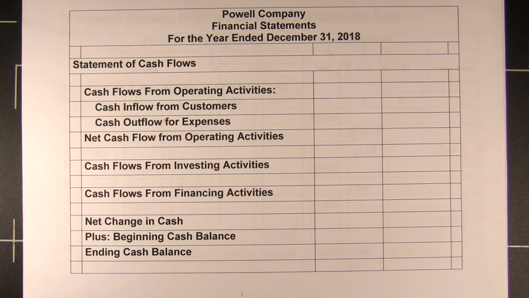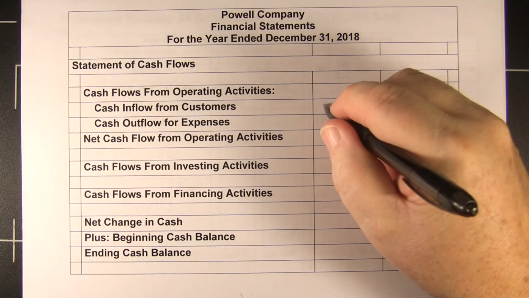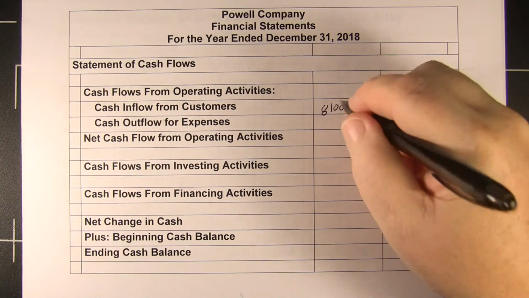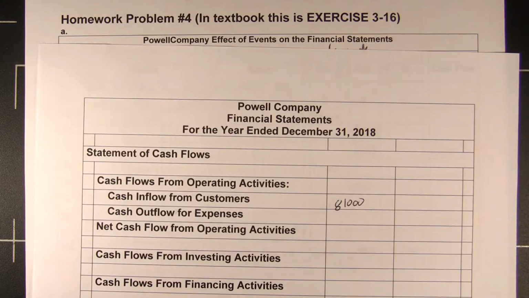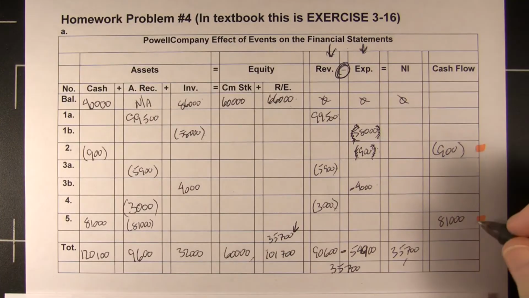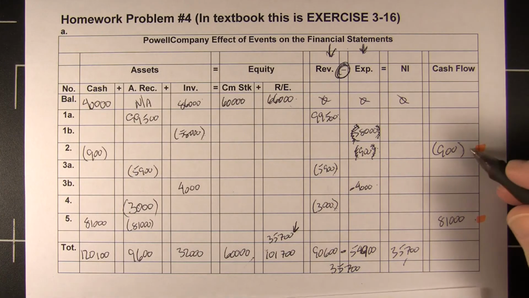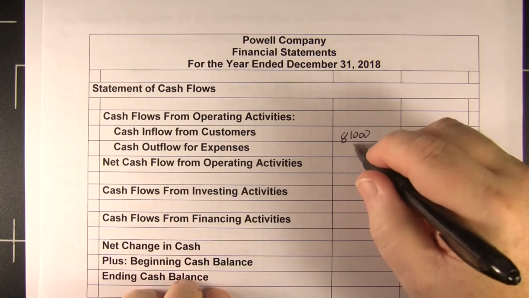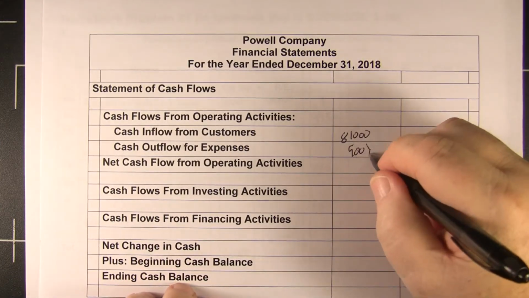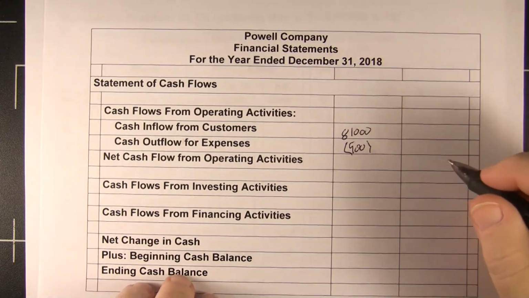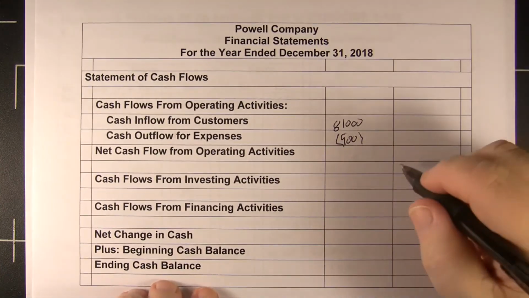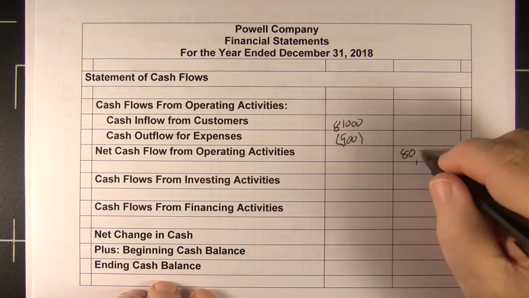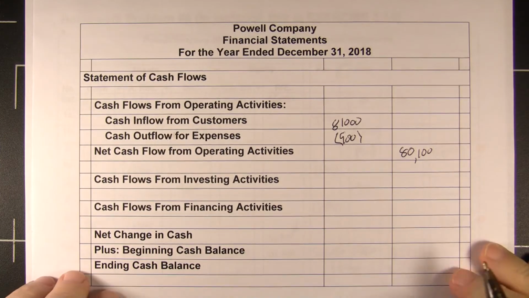We had $81,000 that came in from customers. Okay, and we had $900 go out for the shipping.